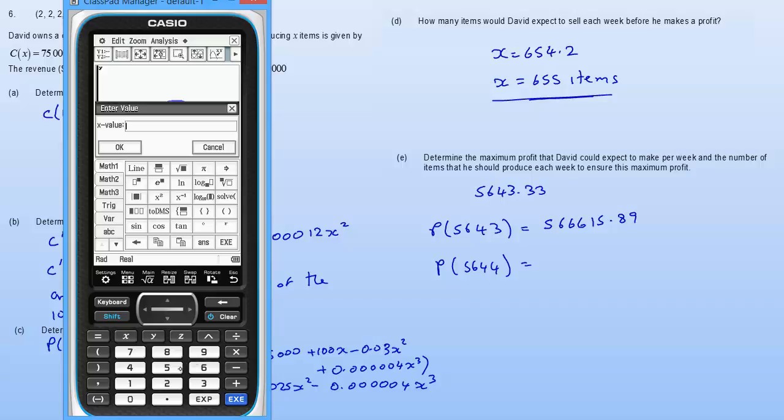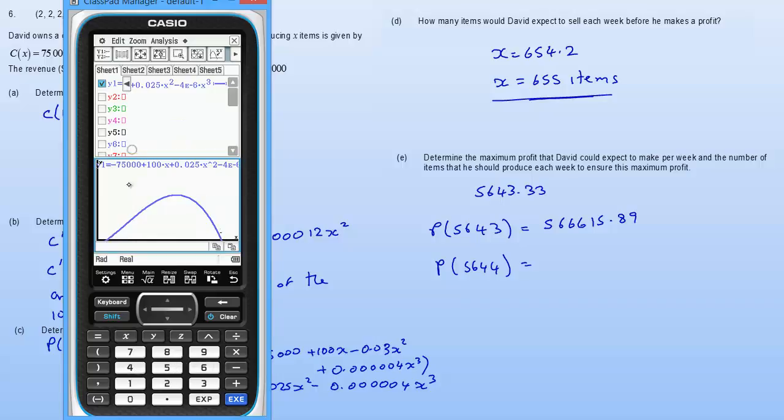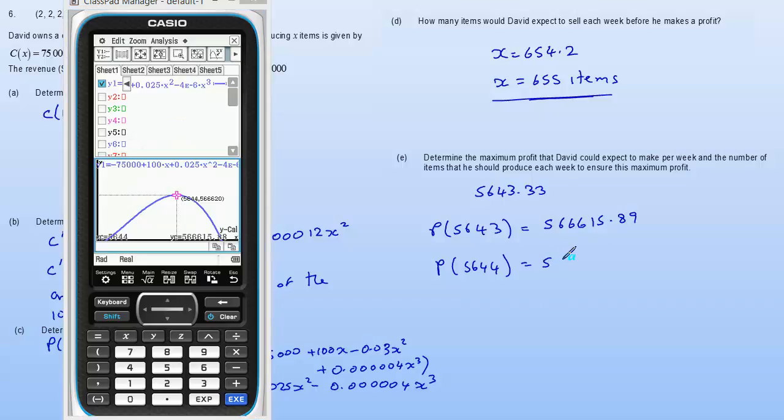We'll do this one at 5644, and that is 566615.88. So it's just 1 cent less. So 5643 items, and the profit would be $566,615.89.